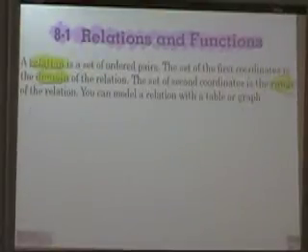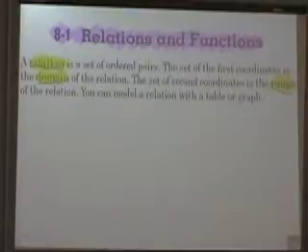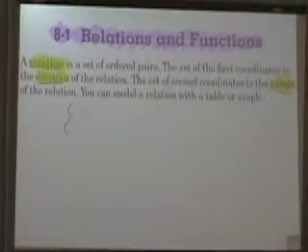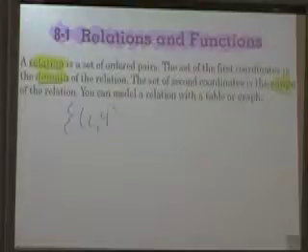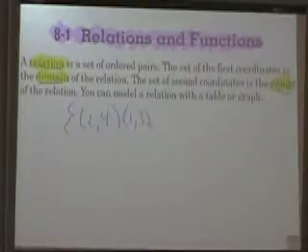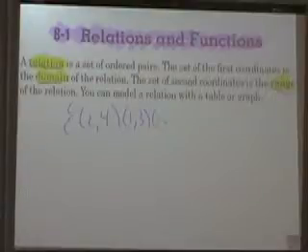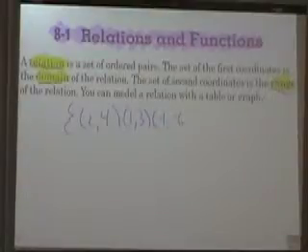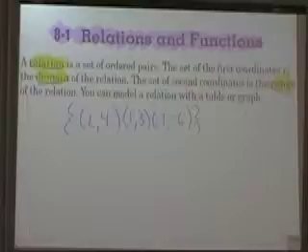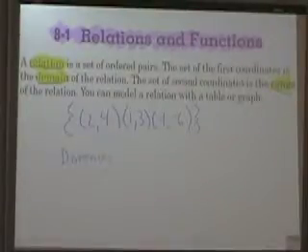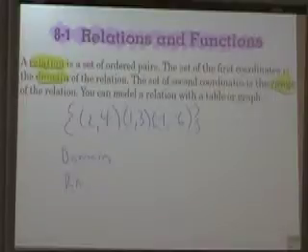Alright, so let's look at an example. Let me give you a quick example. Let's say we've got this relation. Now, why is this a relation? It's a set of ordered pairs. Very good, Zach. Now, in this set of ordered pairs, I want you to tell me the domain and the range.